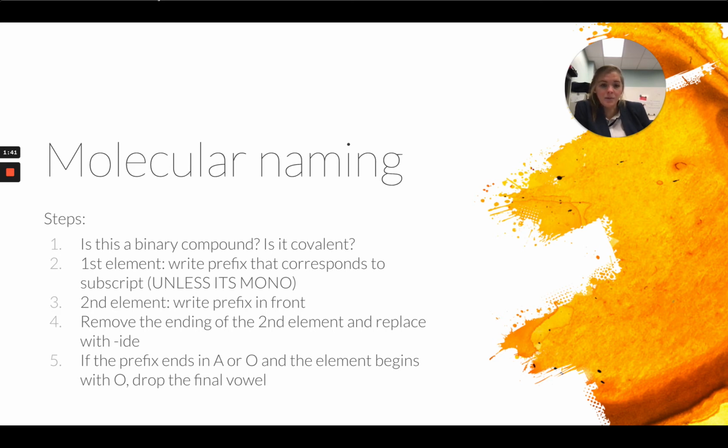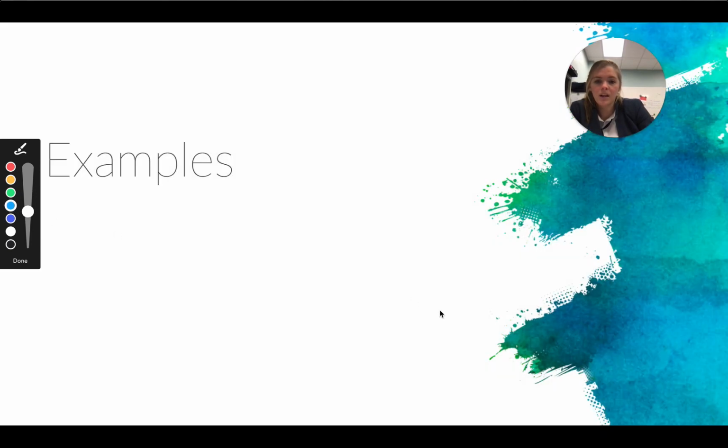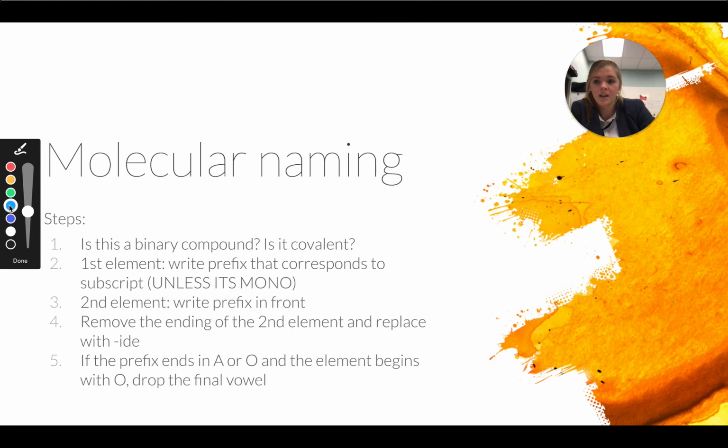So this will make more sense when we're writing one, but let's say we are using sulfur oxide as an example, SO. If we're trying to name SO, you're just going to list the first element first.